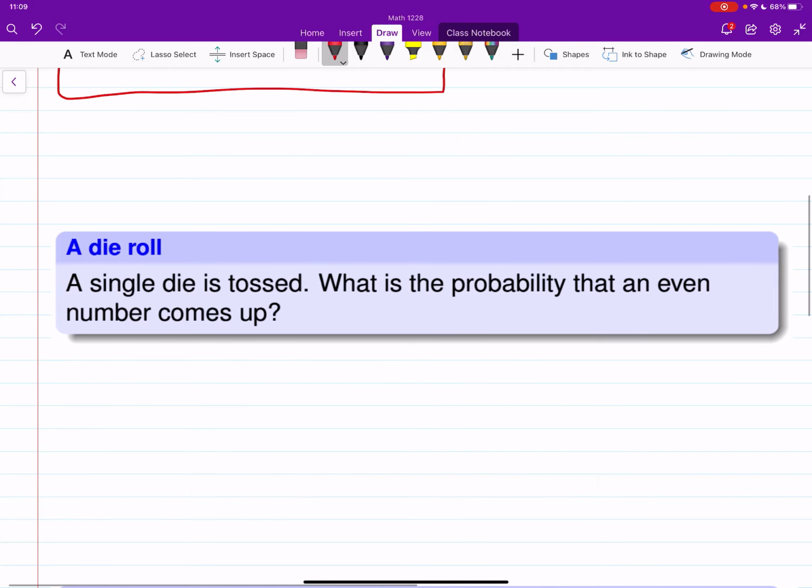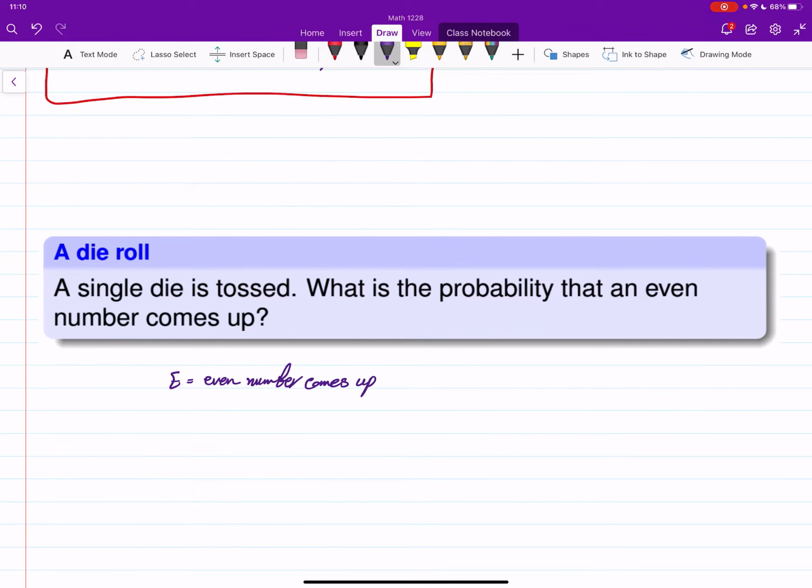A single die is tossed. What is the probability that an even number comes up? So here E is that an even number comes up. As we discussed before, it's good to have an equiprobable sample space here. So we learned this, well, just by intuition at least, that 1, 2, 3, 4, 5, and 6 is an equiprobable sample space for our experiment here.